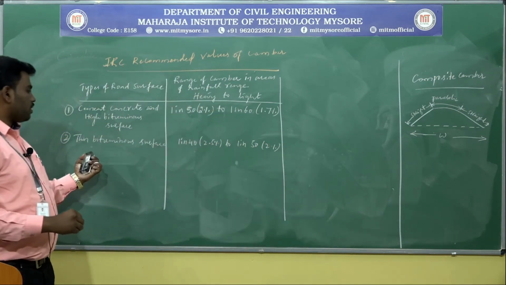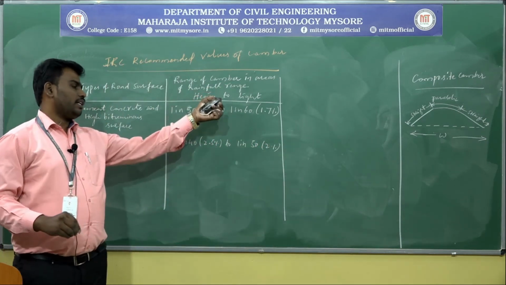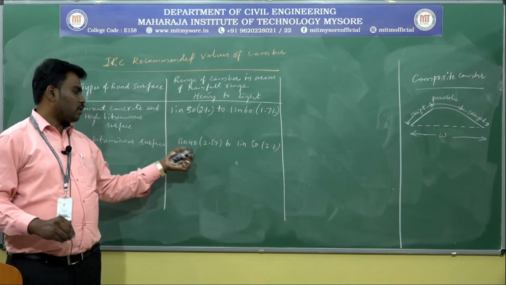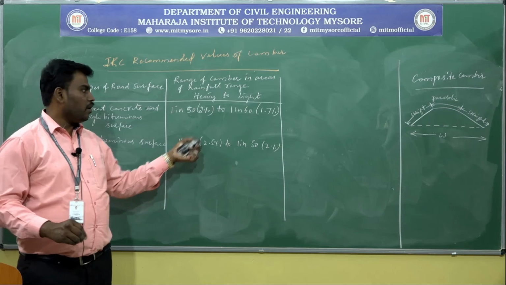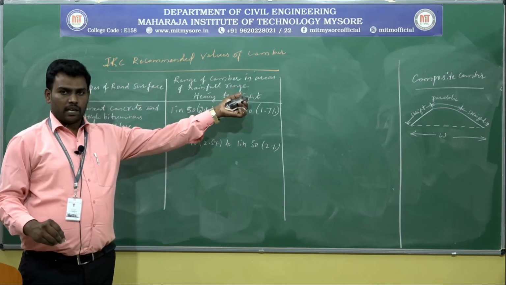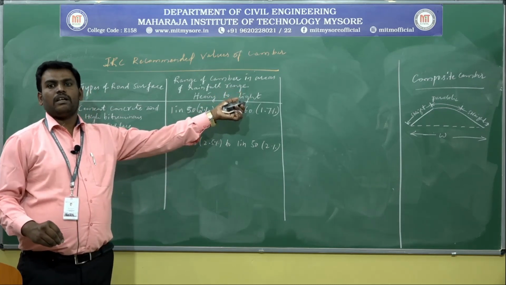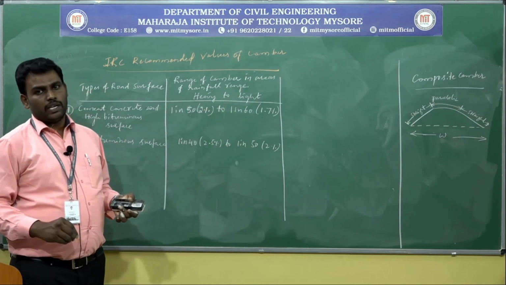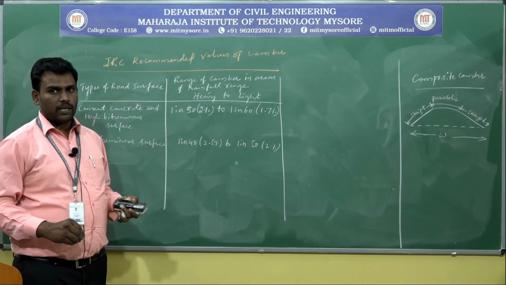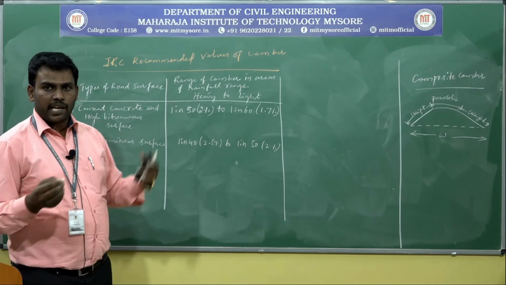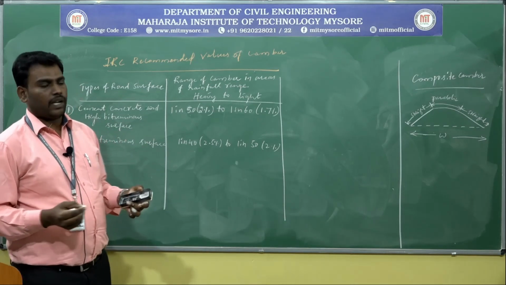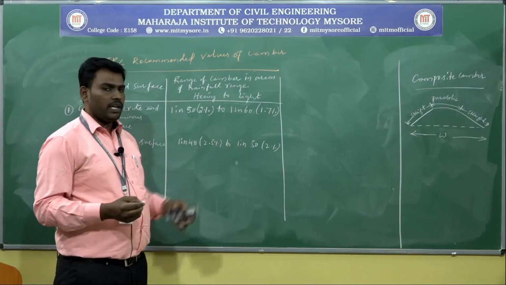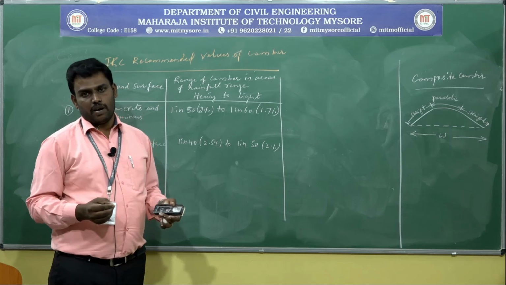For thin bituminous surface, if heavy rainfall is given, you have to take 1 in 40 as the amount of camber, or if light rainfall is given, then take 1 in 50. Is it clear? And if nothing is mentioned about the amount of rainfall, take the average of 1 in 40 to 1 in 50, which gives 1 in 45.